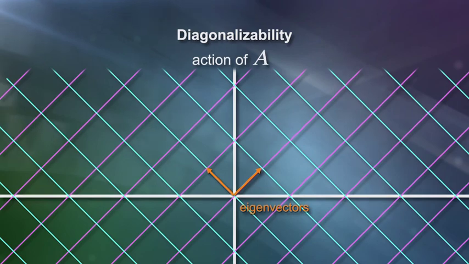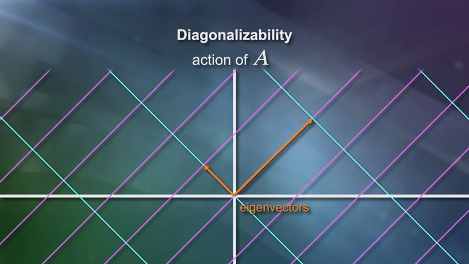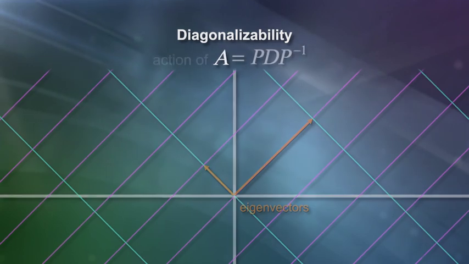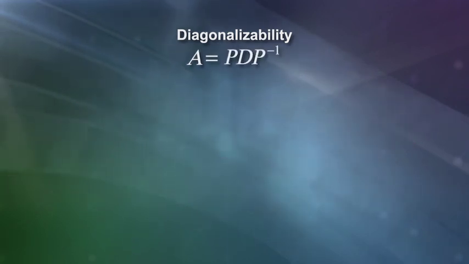There's another useful way to view diagonalizability. It means that there's a change of basis that turns the action of a given matrix A into one that behaves just like a diagonal matrix with respect to a new basis. All the diagonal matrix does is scale the axes directions by various factors. So if we express A as PDP inverse, then look at what happens.